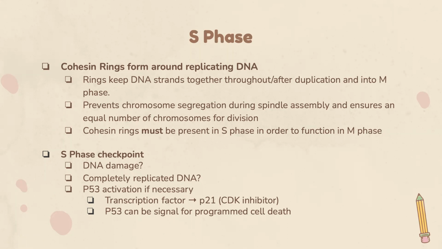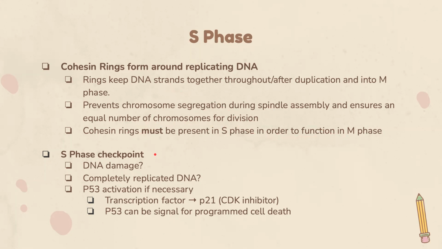That ensures that you have an equal amount for when you actually do divide. And another reason is that it has to be present in S phase in order for M phase to occur. If you don't have cohesin rings, you're not going to be able to go into M phase.